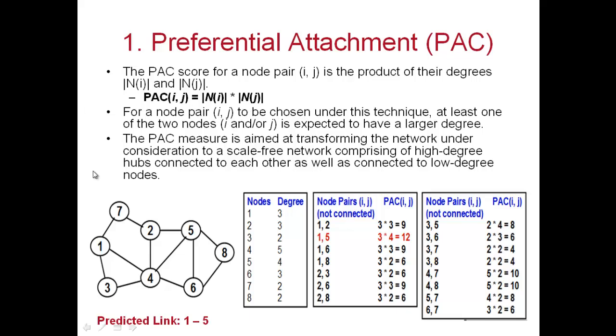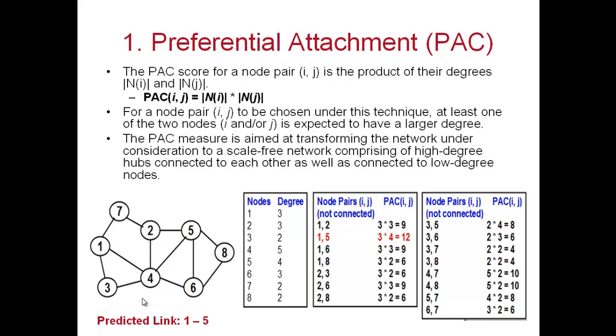Alright, so let us do this example. You have here eight nodes in an existing network, and you want to predict, if a link will be added to this network, which node pair will be connected with that link.